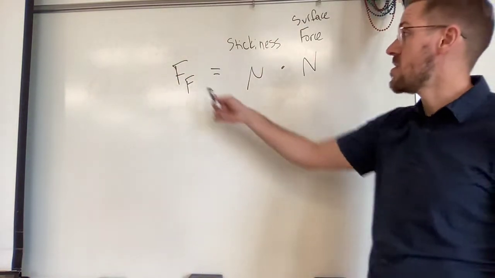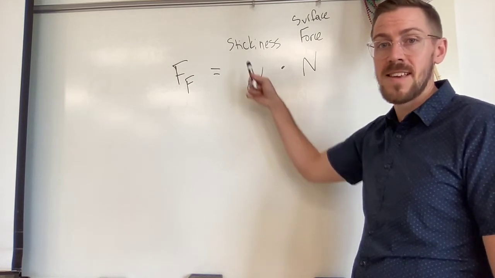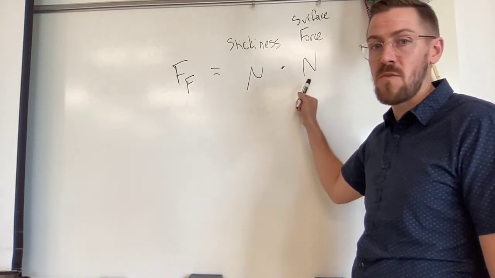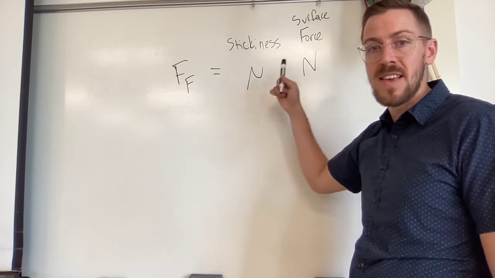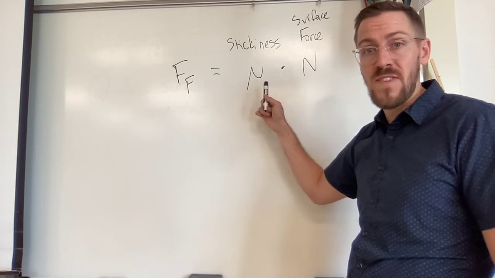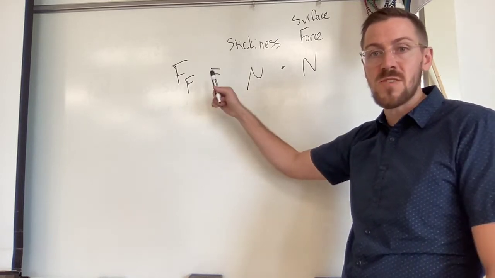So you have this equation: friction equals the coefficient, which is just how sticky it is, times the surface force, or the normal force. This is how hard things are pushing down, and this is the friction force you get.